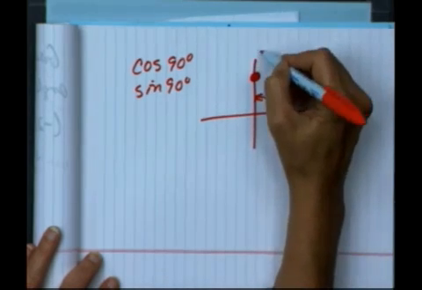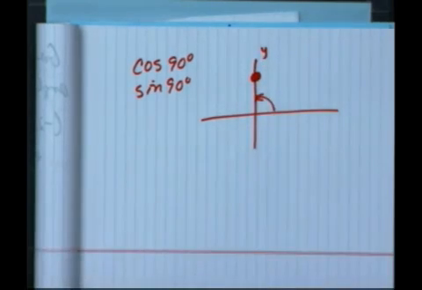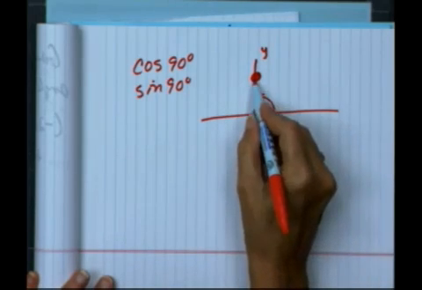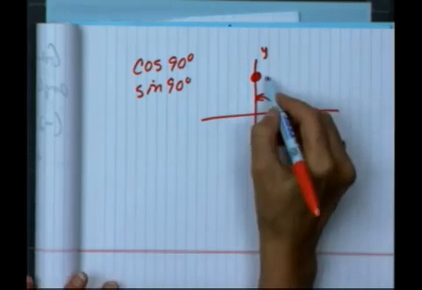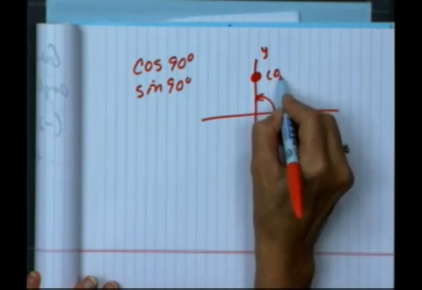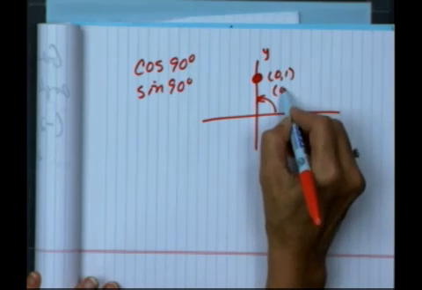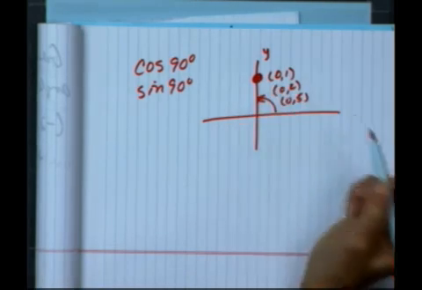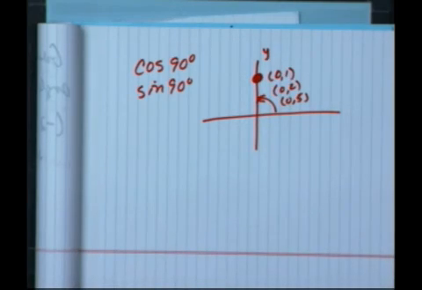Any point on the positive y-axis. And you can pick any number you want to. I could pick 0, 1, I could pick 0, 2, I could pick 0, 5, any number I want to call that. The terminal side would be the positive y-axis.